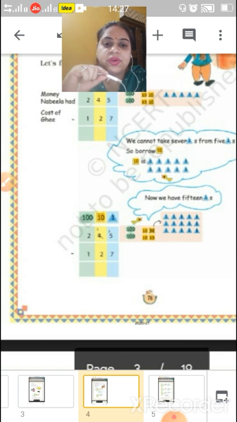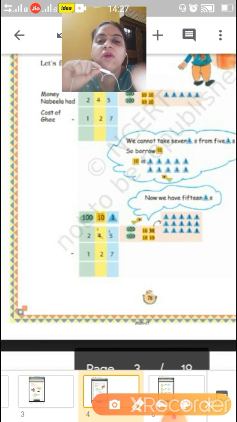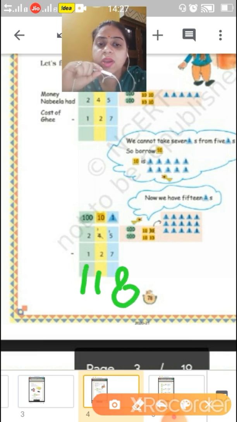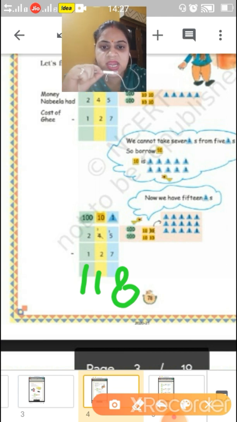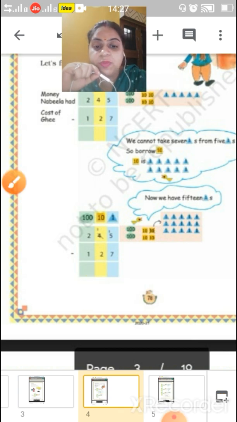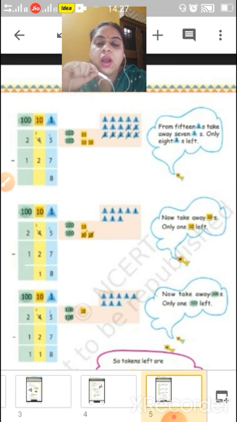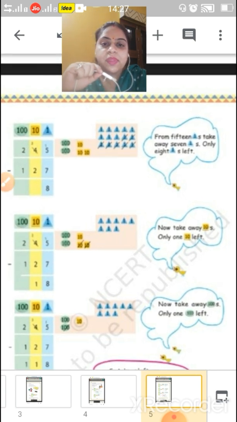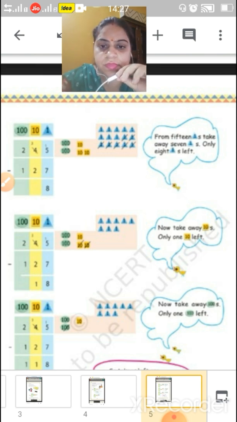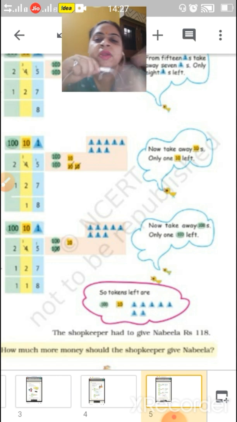So here what will come? That is 118. Understood? But she is getting 98, so that is not the right amount. She is getting 20 rupees less. So come here children, you can see the solution.